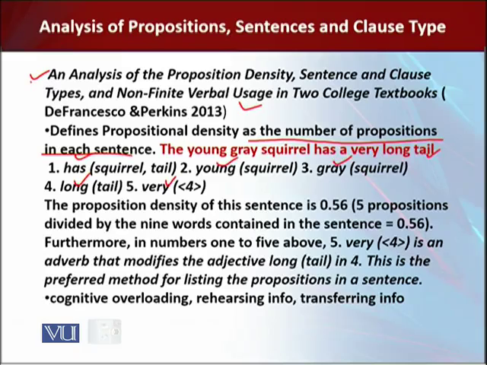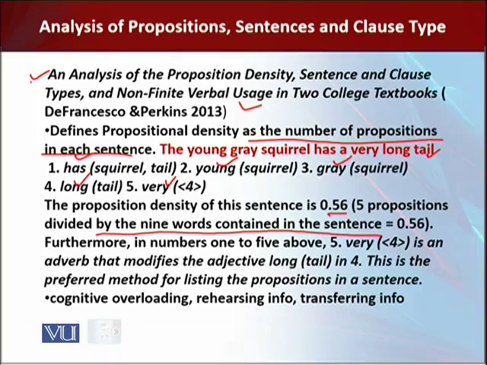So there are 5 propositions in the sentence. The proposition density of this sentence is 0.56: 5 propositions divided by the 9 words contained in the sentence is equal to 0.56.